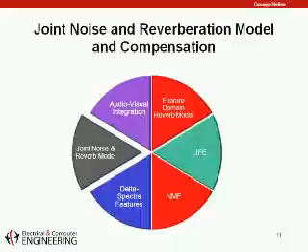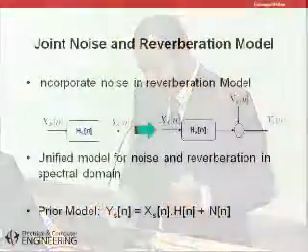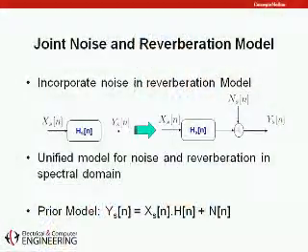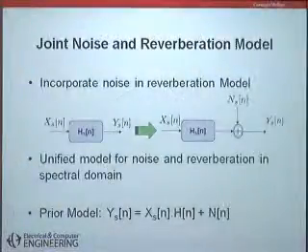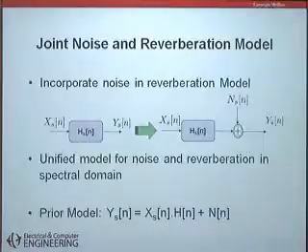So finally, a joint noise and reverberation model. As I said before, this reverberation model has an approximation error, and we can account for that error by an additive noise here. This also acts like a unified model for joint noise and reverberation. If the data also has noise in it, we can account for that noise here itself.